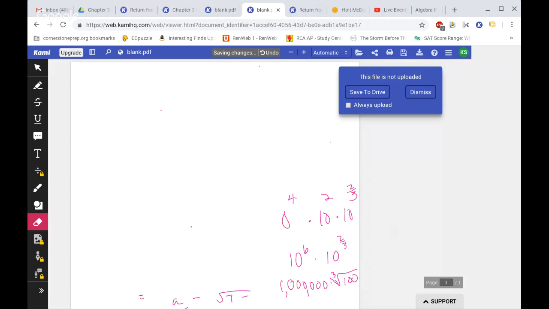These types of problems, each one you have to look at as a new situation and remember all of the rules and moving and manipulating things around. You think, okay, what's going to work best in this situation? On this particular one, it worked best to change it to fractions.